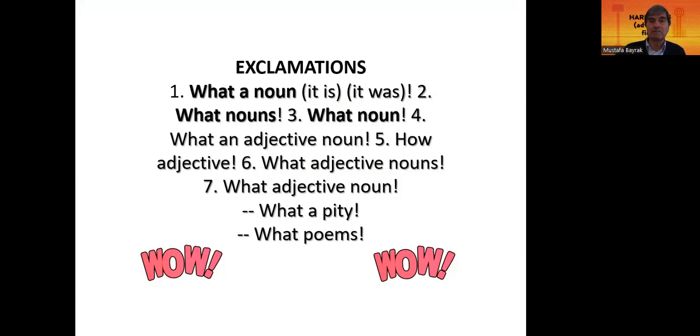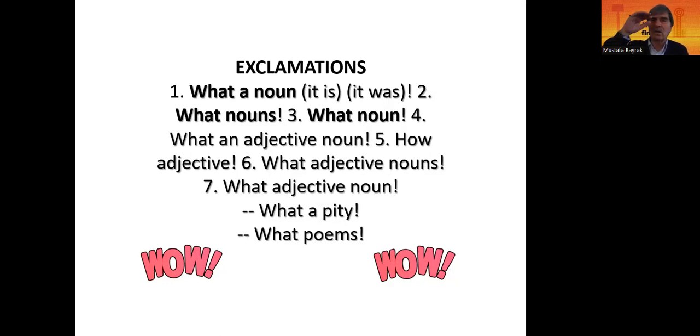Exclamation mark. What nouns? Yes, we saw some birds, for example. Yes, what birds? What birds? What noun? What milk? Yeah. What milk? What honey? What soup?